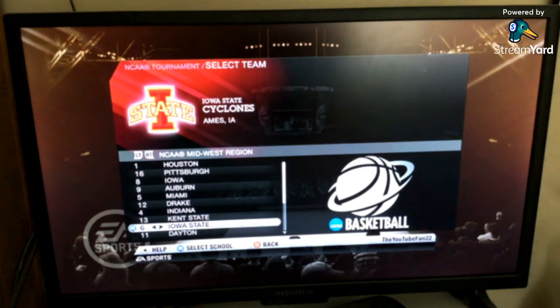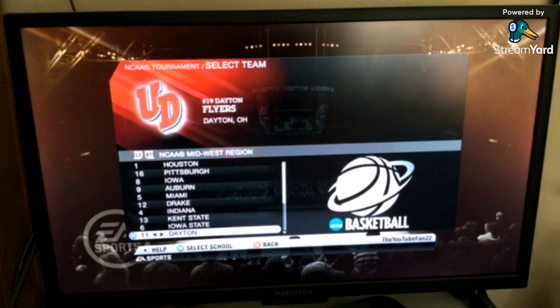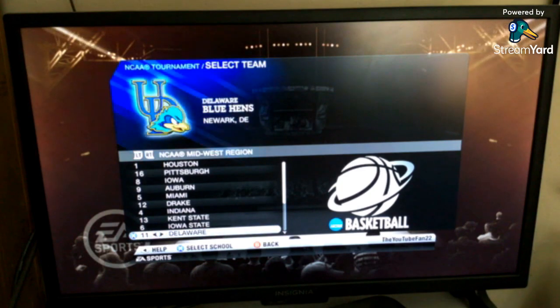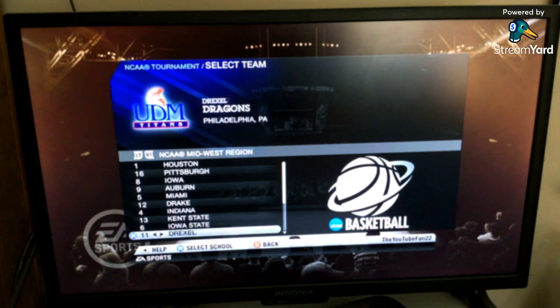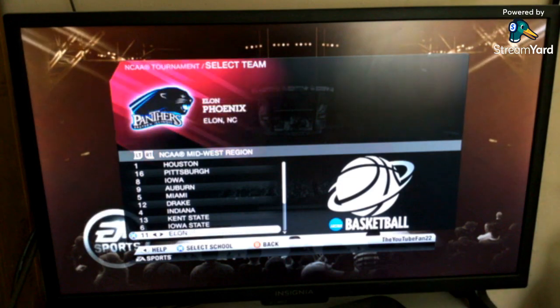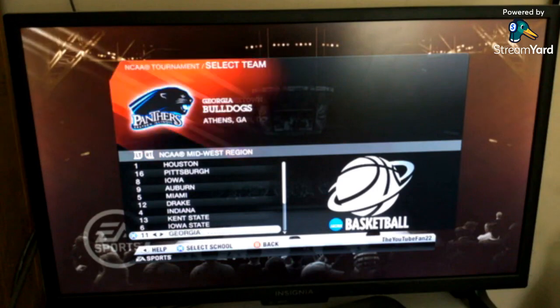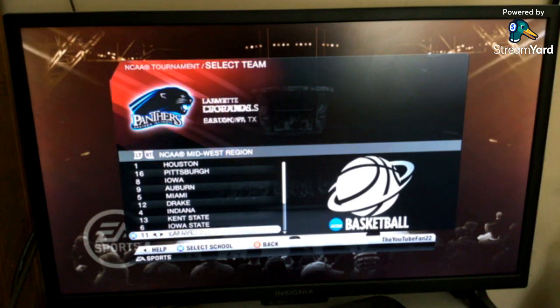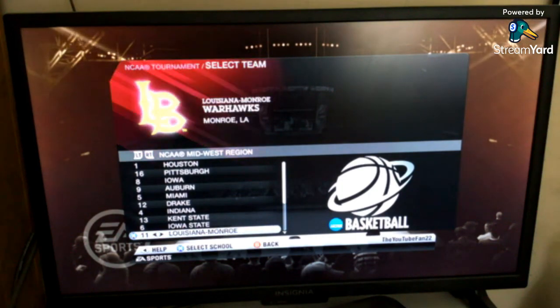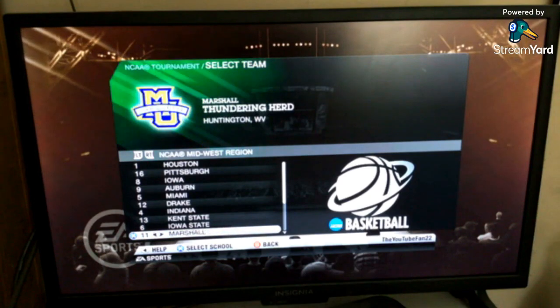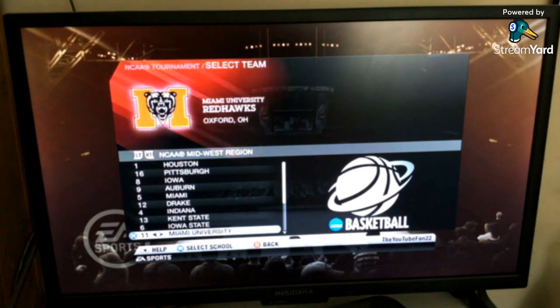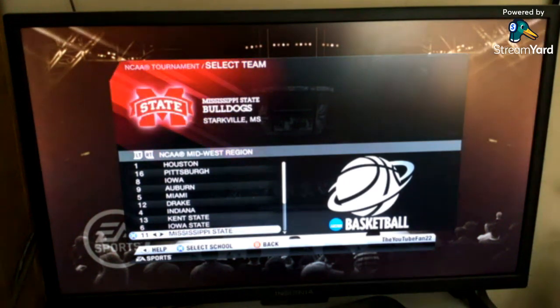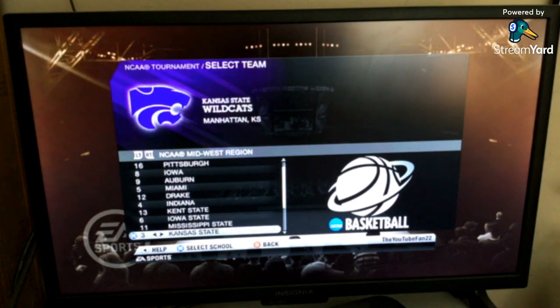Next up is Mississippi State at 11. Coming in at number 3 is Xavier.